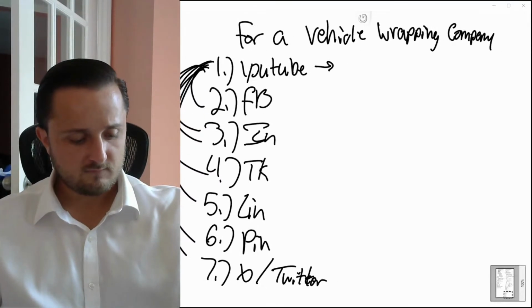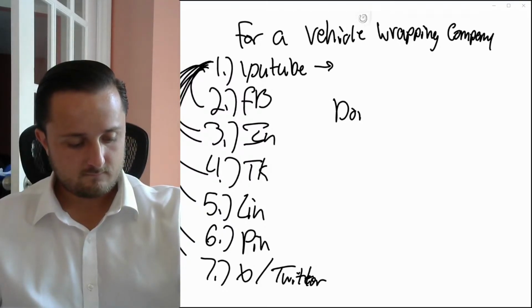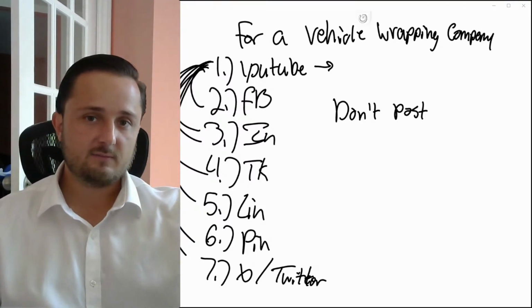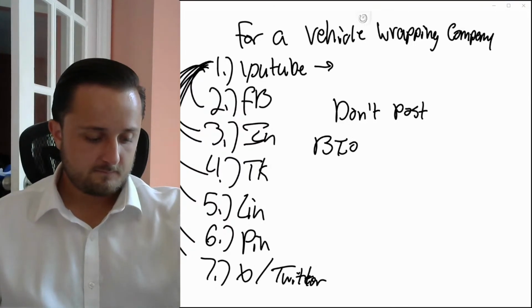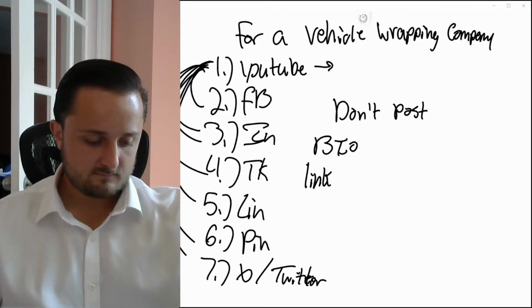Now, even if you don't plan on posting, we still need to be on all of these social platforms with a bio. And in that bio, we need a link back to our site.